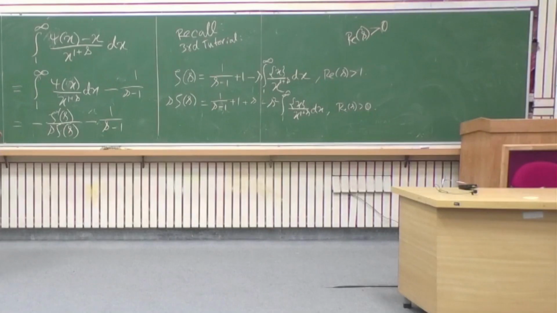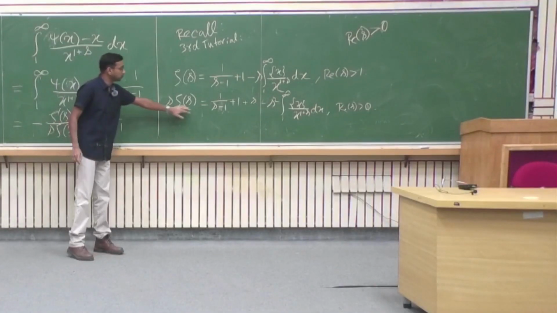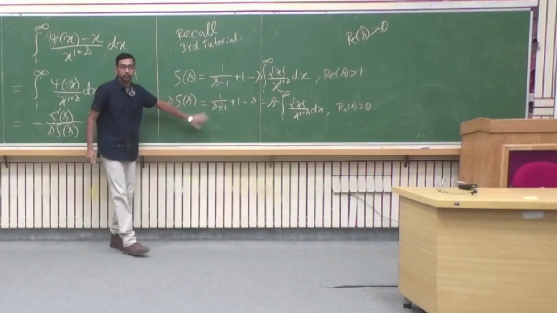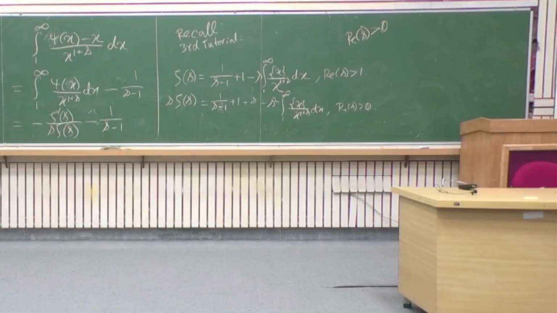All right, so now we will have a similar expansion also for this one, because this also has a simple pole at s minus 1. Since that is most relevant for us, we just write that this has such a thing. Now consider this zeta prime s by s zeta s, and we have a negative sign here, minus 1 by s minus 1. This we are going to consider now.